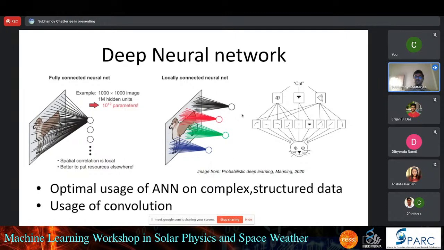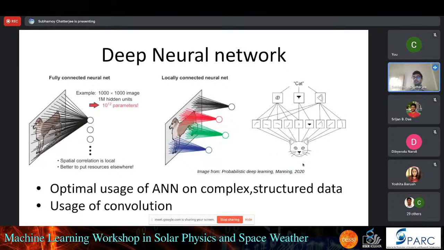This is just one layer of convolution, and you can cascade these layers with subsequent nonlinearities. If you don't employ nonlinearities after each layer, it will not make sense, because convolution is linear, and a cascade of linear operations gives you another linear transformation. That is where the nonlinearity comes into the picture.